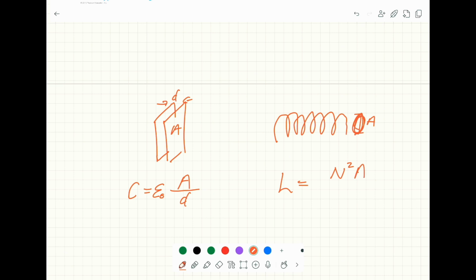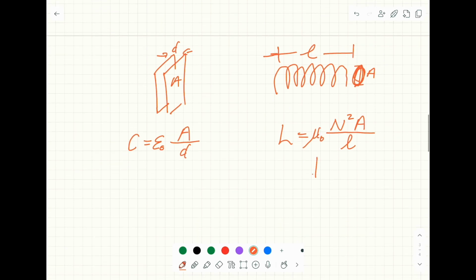So this A, the larger the area, the stronger the magnetic flux or the inductance. And here l means the length of the coil. And there's a proportional constant like the capacitor. This time the proportional constant is mu naught.